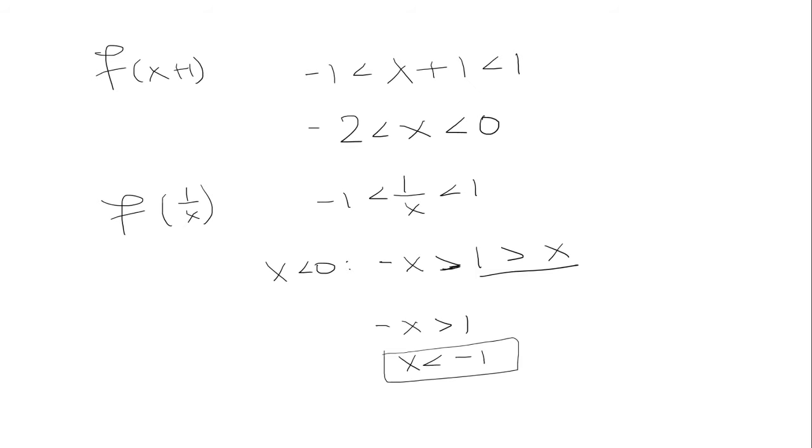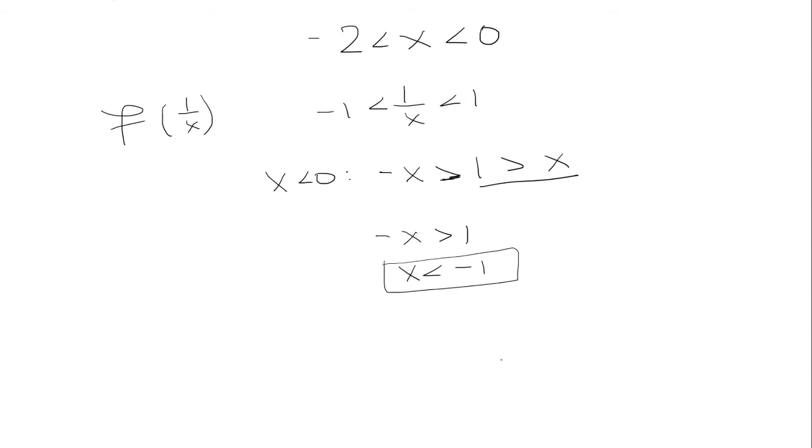Now for the second case, we want to consider when x is positive. So I'm still going to multiply all the sides by x, and the inequality does not flip since x is positive. Well, first, this is what you have to look at.